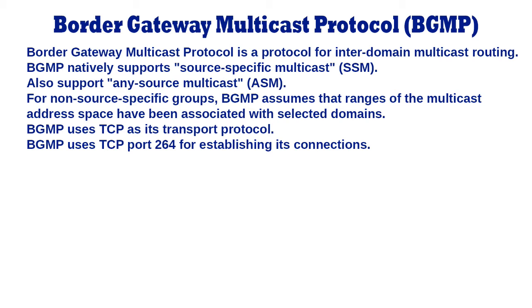Two BGMP peers form a TCP connection between one another and exchange messages to open and confirm the connection parameters. They then send incremental join or prune updates as group memberships change. BGMP does not require periodic refresh of individual entries.